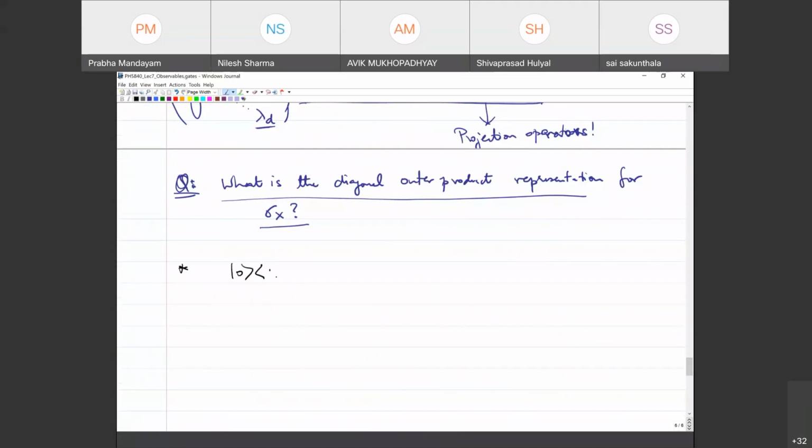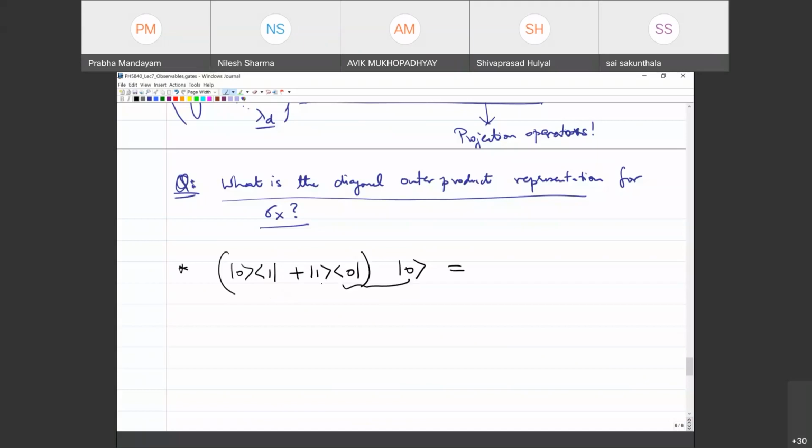So this then tells you exactly what this does on a particular state, right? So suppose I take the complete matrix, which is 0, 1 plus 1, 0, right? And let's say I act this on ket 0. What does it do? The action on ket 0 takes ket 0 and gives me ket 1.